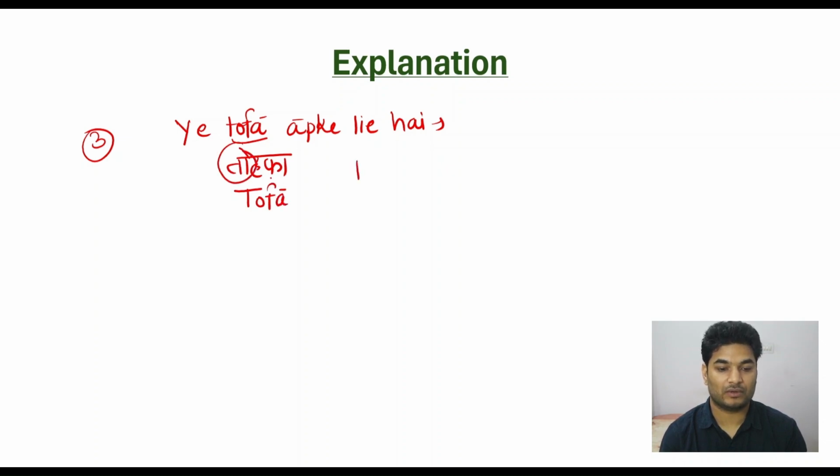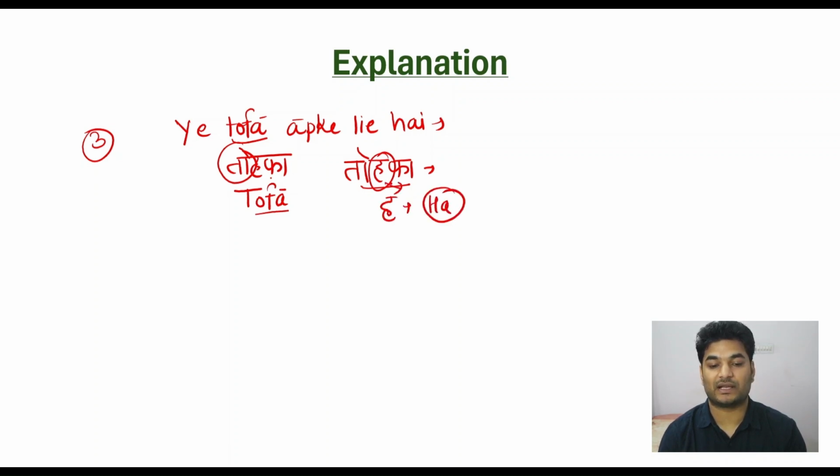This is तो, letter t, o, then ह, फा, तोहफा, but we do not pronounce the ह here. We kind of skip the ह sound. ह is silent. तोहफा is gift.